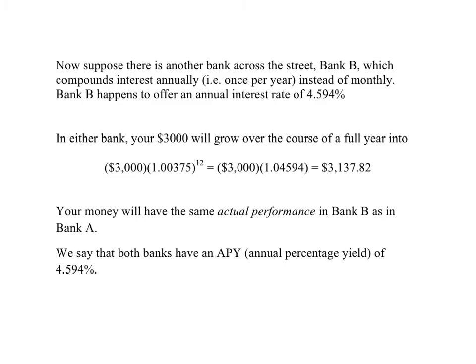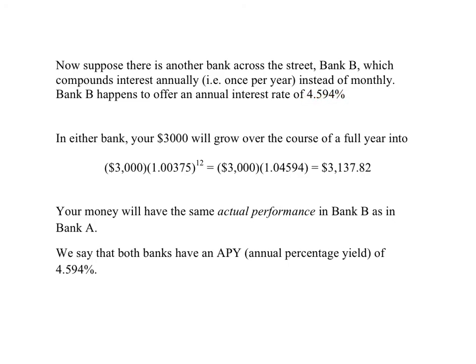Just for the sake of our narrative, suppose that there's another bank across the street, Bank B. Bank B doesn't bother with monthly compounding, they just do annual compounding. But Bank B offers a higher annual interest rate. Their annual interest rate is 4.594%.